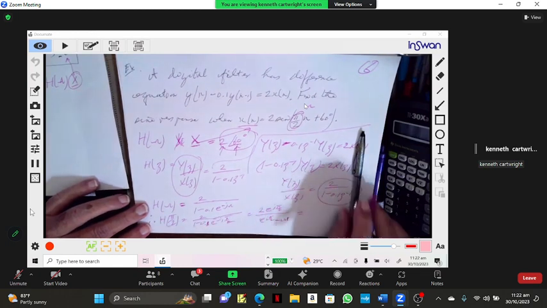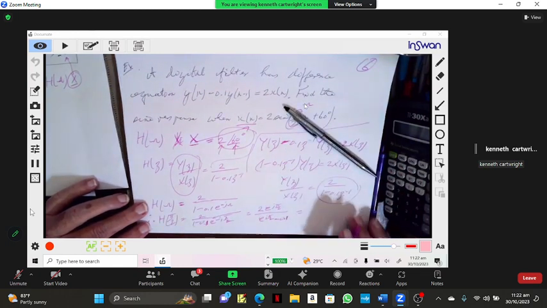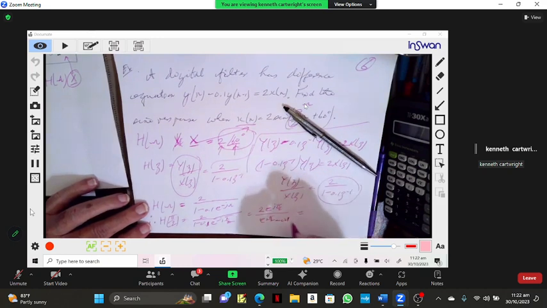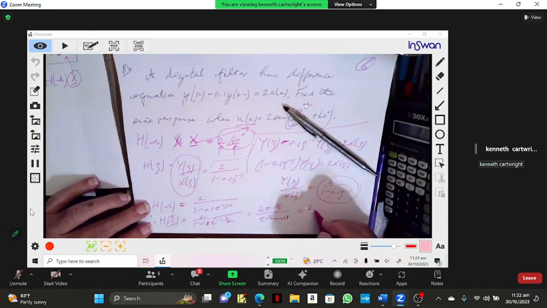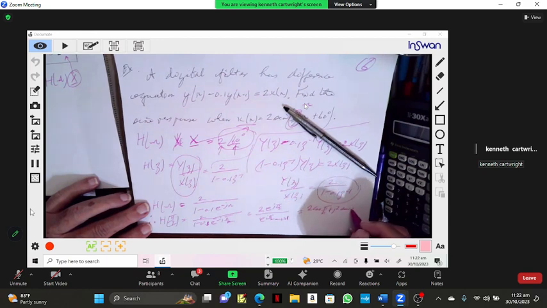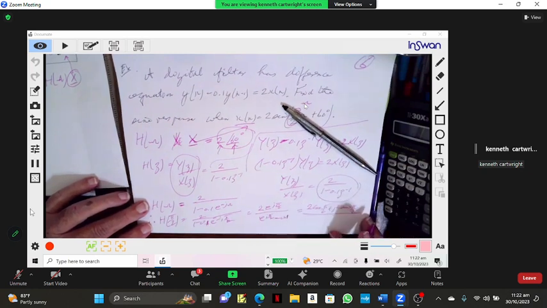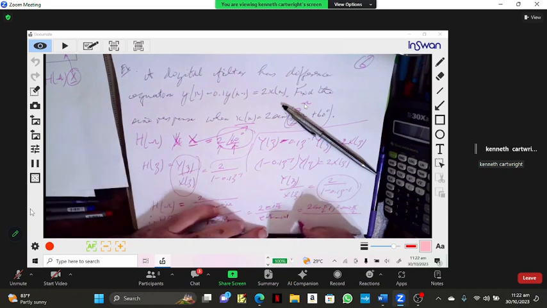And then the top, e to the j pi over 2 is simply j. Anyway, we won't go that way. This here is simply 2 cosine pi over 2 plus j2 sine pi over 2 over the bottom. And the bottom is what? Cosine pi over 2 minus 0.1 plus j sine pi over 2.